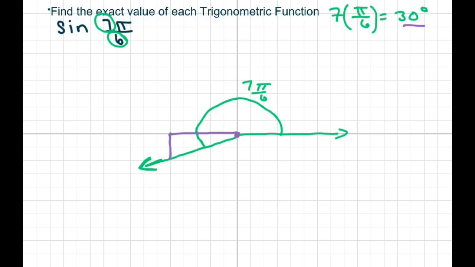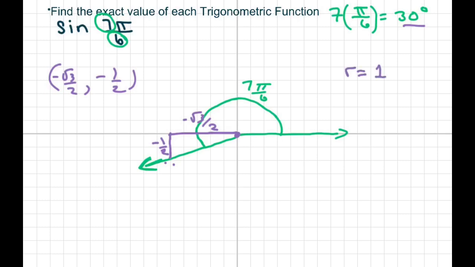Since I know that the vertical part, which is your y part, is -1/2, and your horizontal part is negative square root of 3 over 2, and we're letting our radius equal 1.